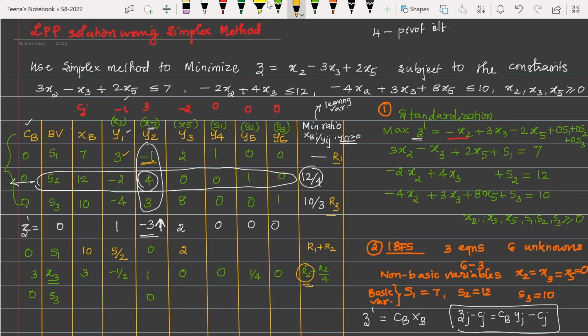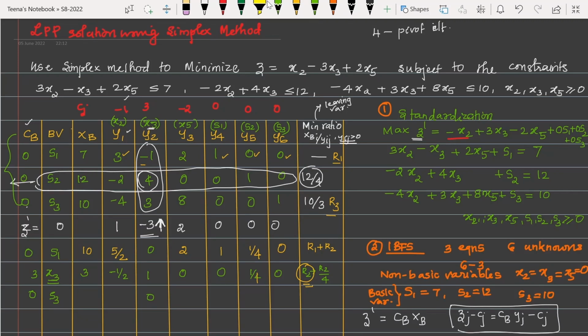Then 1 plus 0 is equal to 1. Then 0 plus 1 by 4 is 1 by 4. Then 0 plus 0 is 0. Okay, that's it.